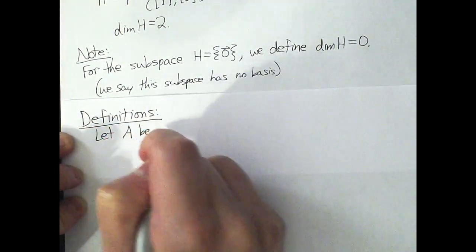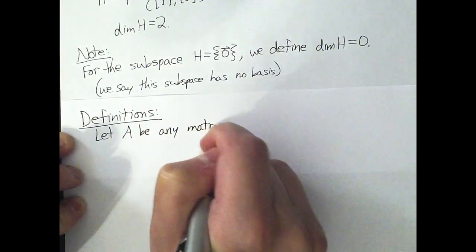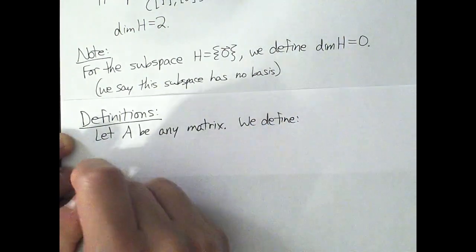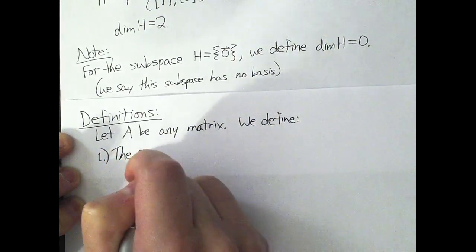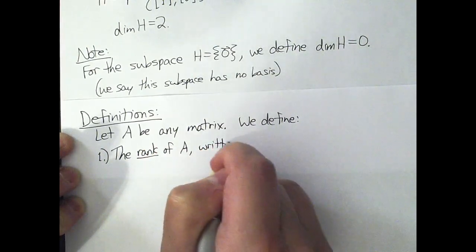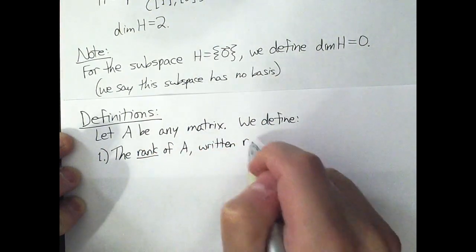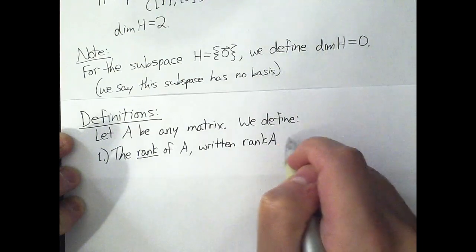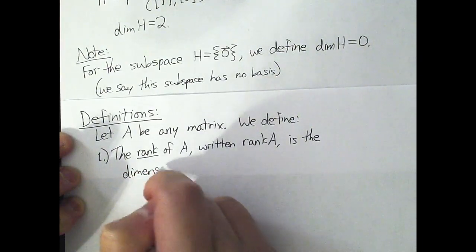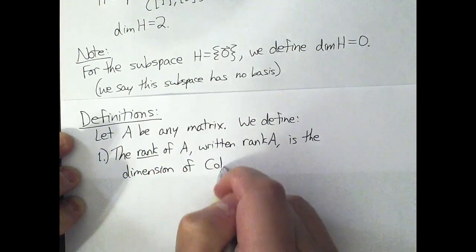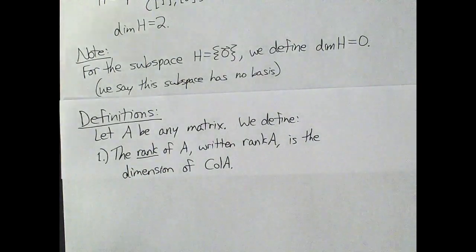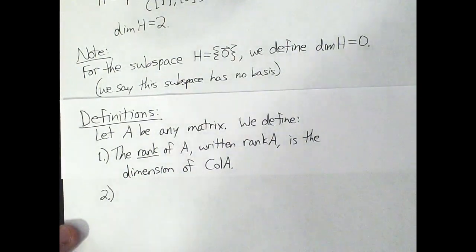Let A be any matrix. We define, number 1, the rank of A, written as rank A, is the dimension of col A. Do you remember what col A is?